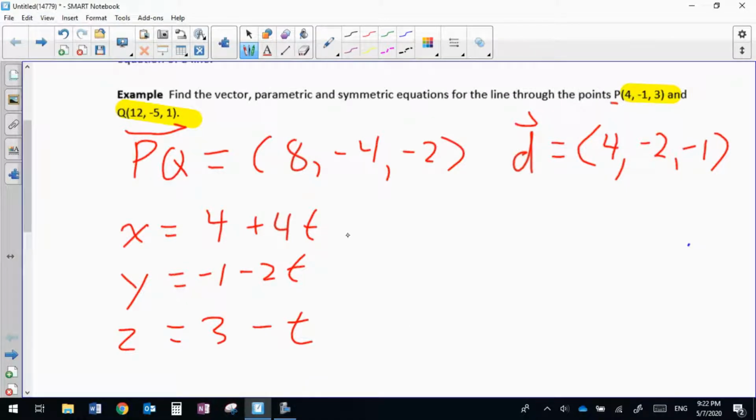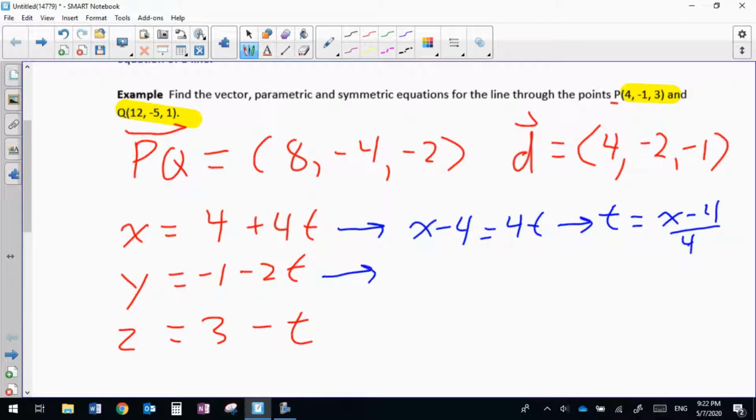Starting with x, I could say that x take away 4 is equal to 4t, or divide by 4, t equals x minus 4 divided by 4. Same thing for y. y plus 1 equals negative 2t, or t equals y plus 1 divided by negative 2.